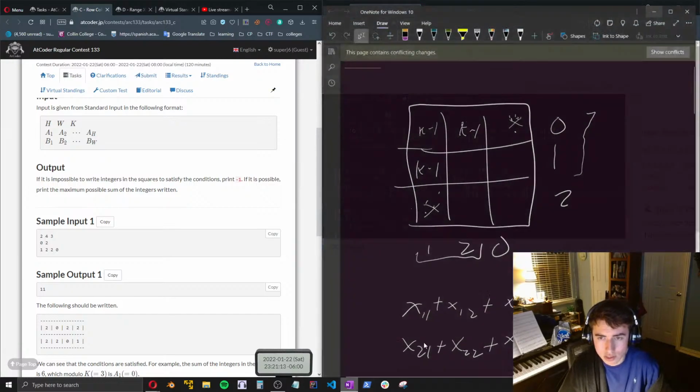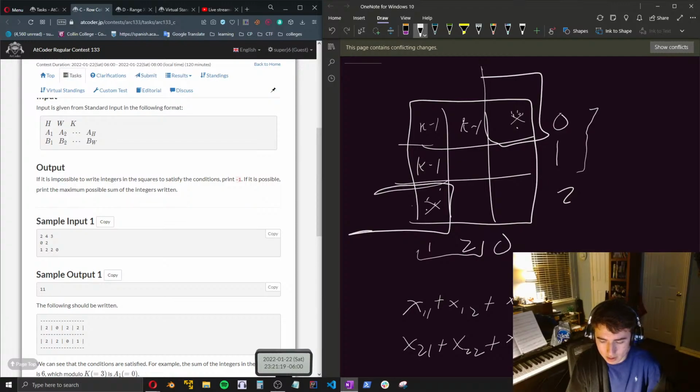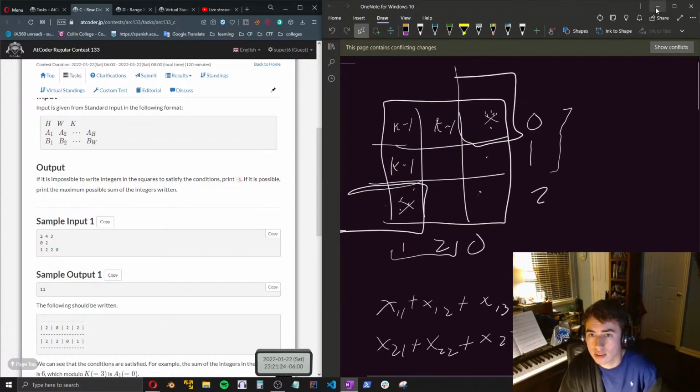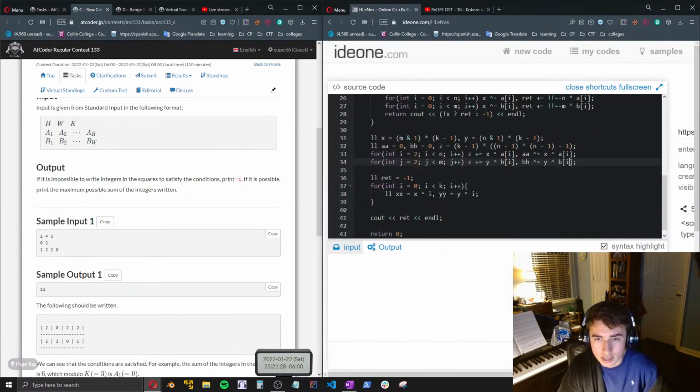Okay, so what does this correspond to? This is basically getting that row down here. All of these over here, and all of these over here. Because we need to see if this value matches up. Hopefully that makes somewhat sense. XX is equal to what?